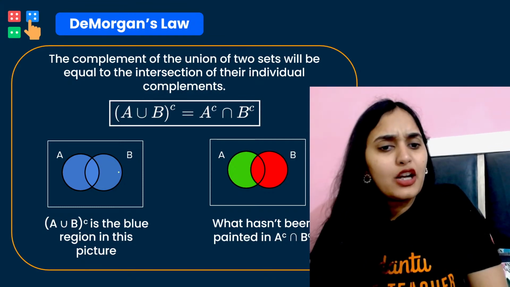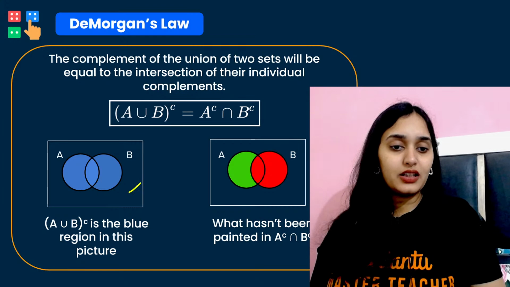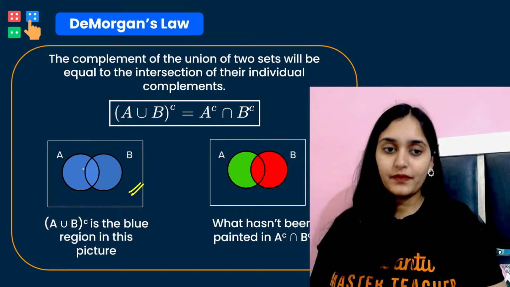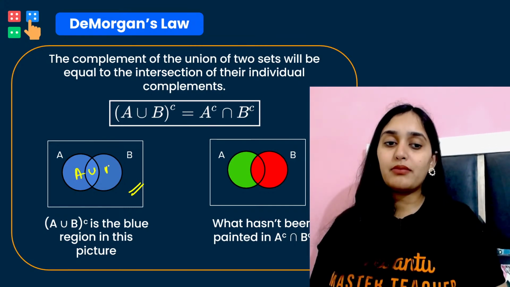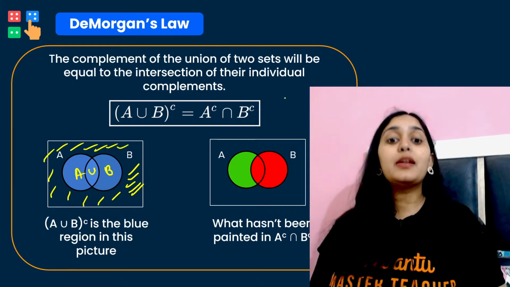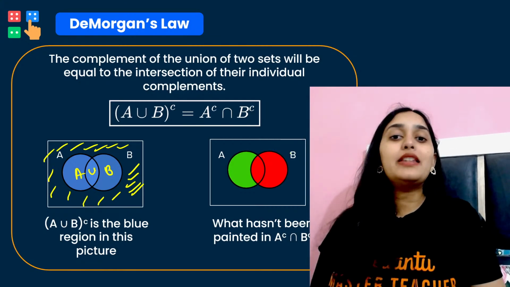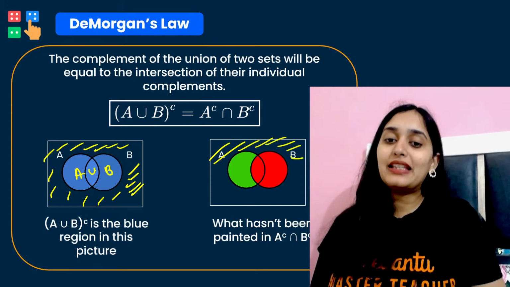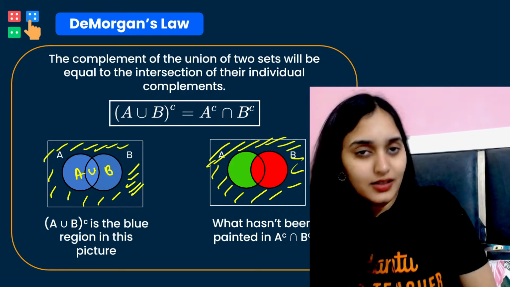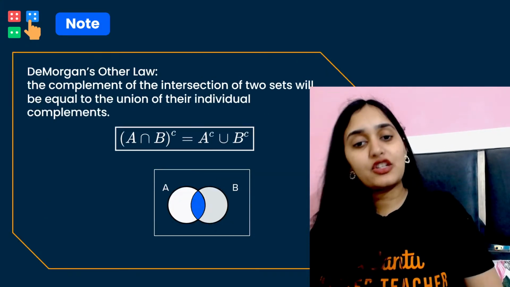Now what is A union B complement? Which is the blue region in this picture, this region. Why? Because first of all I am finding out A union B. So this is A union B. Complement of that means which is not there in A union B. Similarly, if I find out A complement, it is which is not there in A, not there in B. So this part is neither in A nor in B. Therefore, it is the DeMorgan's law proof that A union B complement is equal to A complement intersection B complement.